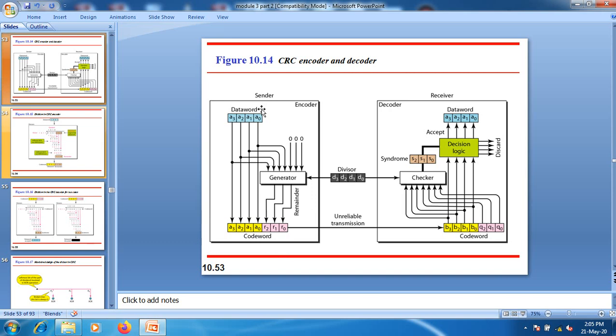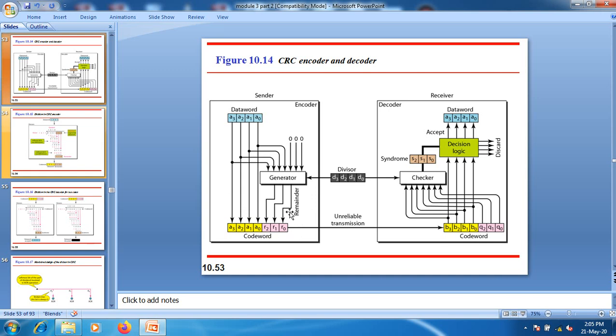We have a k-bit data word, an m-bit divisor, and we generate an n-bit code word, where n is equal to k plus m-1. Whenever we perform the division operation, you get an m-1 bit remainder, and that remainder is appended to the data word. In that fashion, we generate the code word.